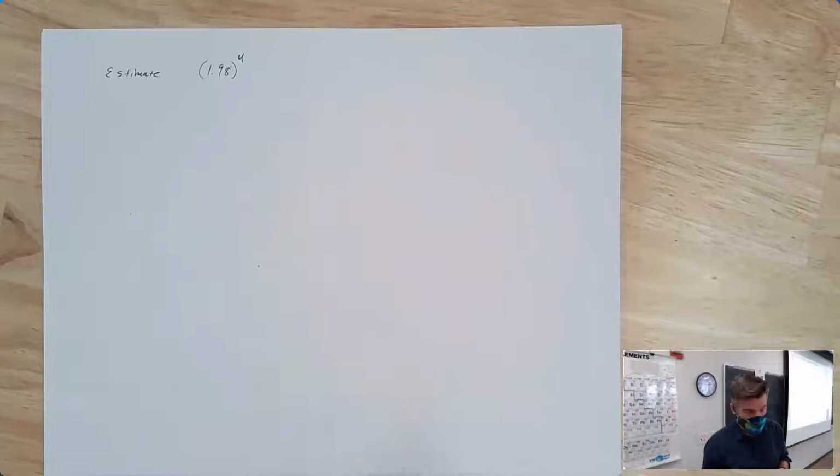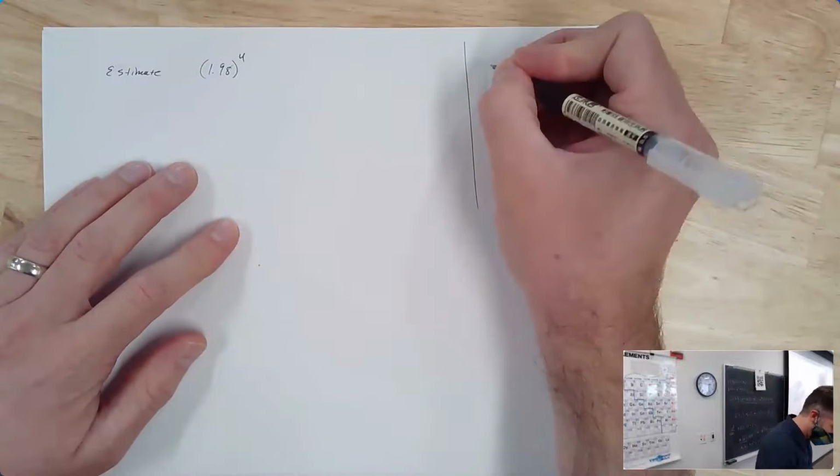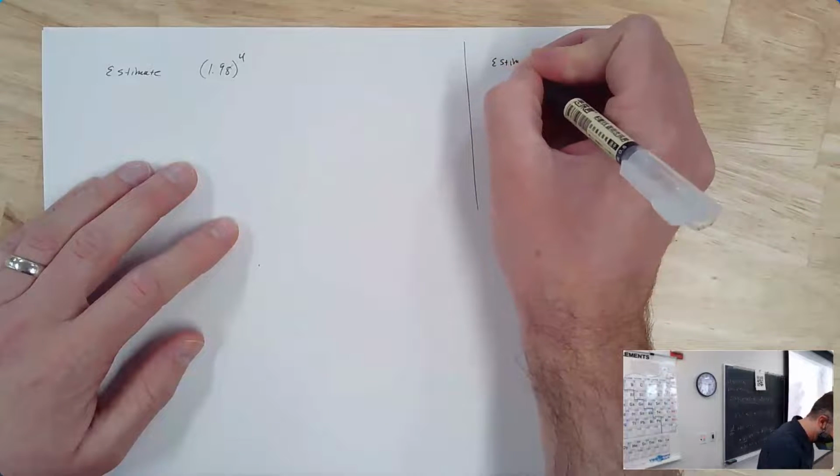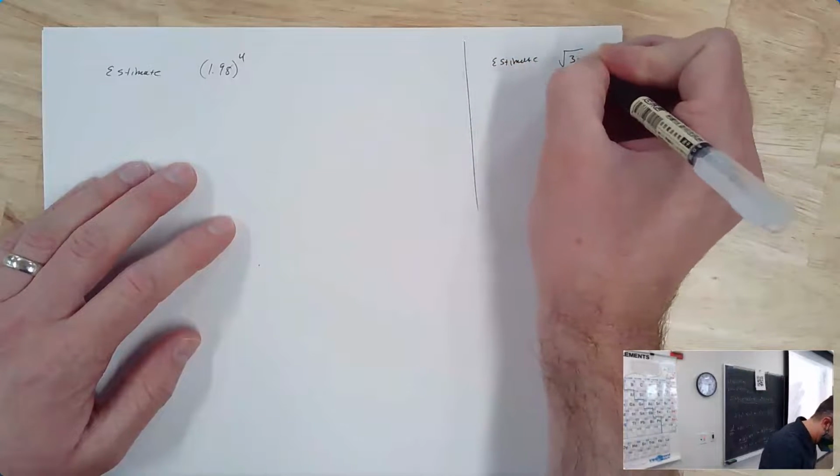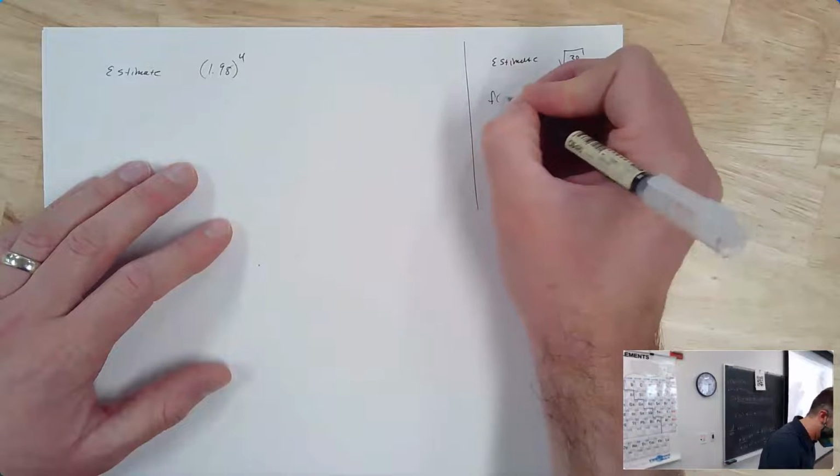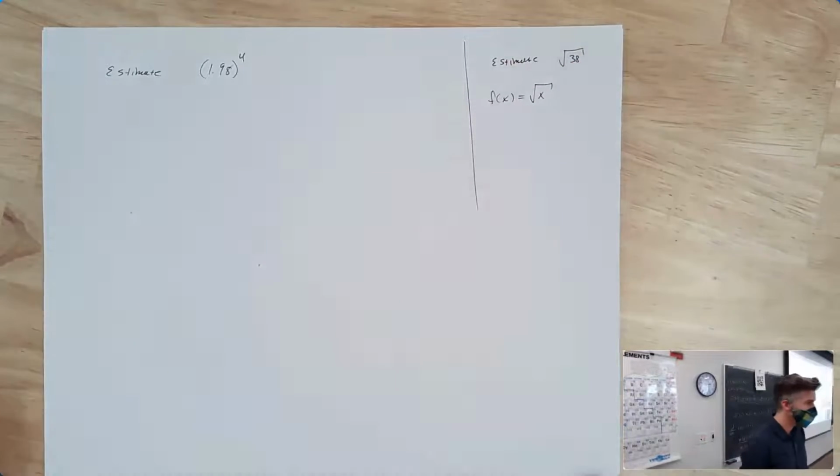So I should mention, unlike the previous problem, I haven't given you anything. I haven't given you a function. I haven't given you an a value. There are things we can find without too much trouble, but we have to look for them. So the whole idea is the function should just be whatever you've got, except replace the number that's in there with x. So if in the previous problem, I had said, just estimate the square root of 38, I would start off by saying, okay, well, my function is going to be the square root of x.